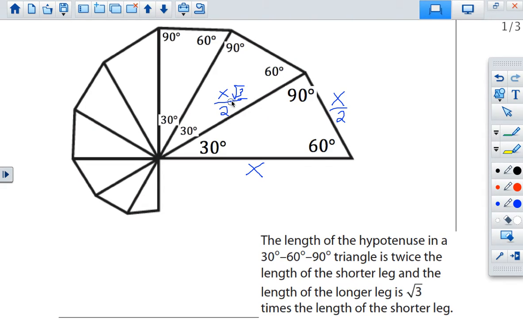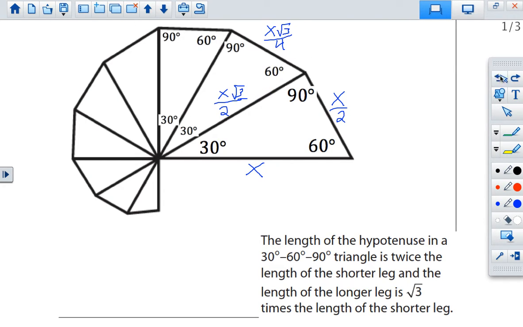So if this is the hypotenuse, for this short leg here we divide by 2 again. So this length would be x times the square root of 3 divided by 4, because if you have this times 1/2, you multiply the denominators together, so you get divided by 4.